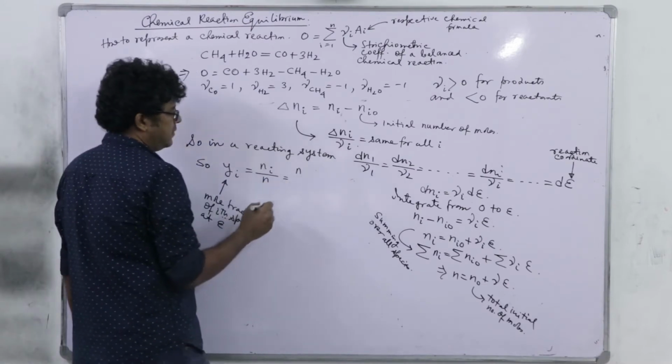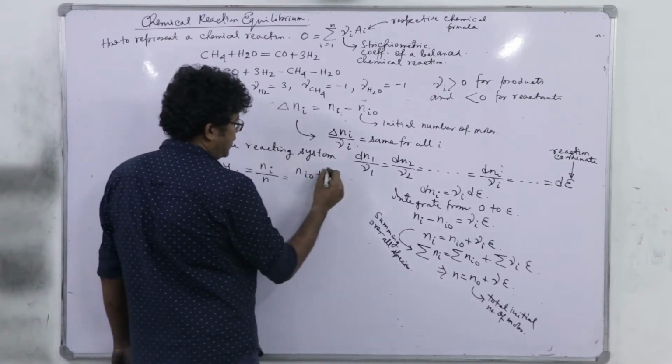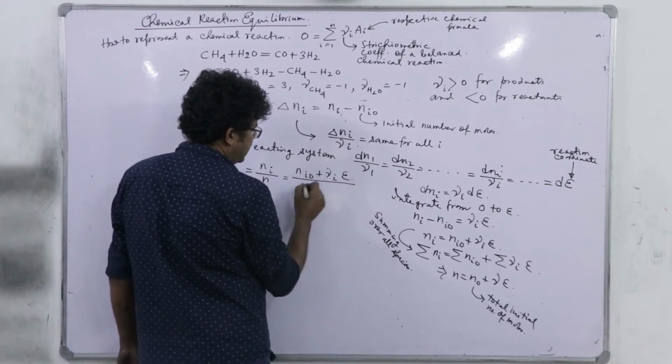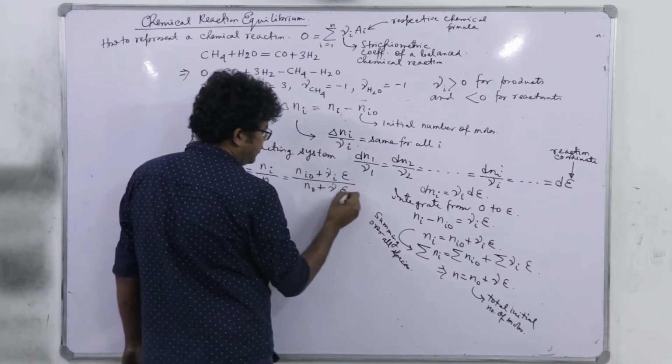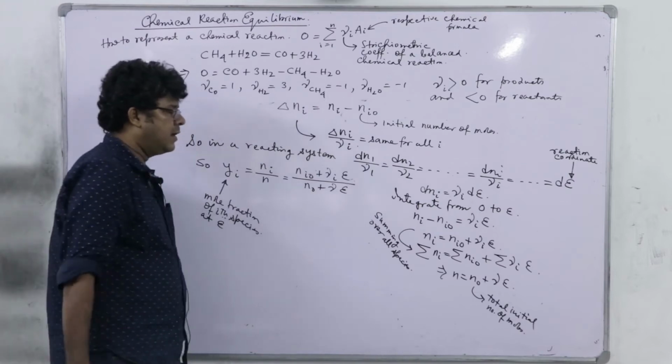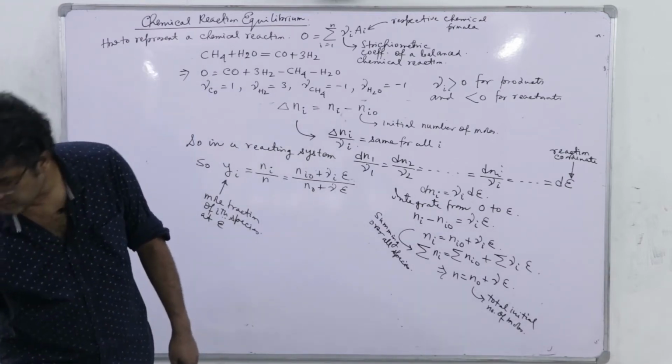So, this is equal to ni0 plus nu i into epsilon divided by n0 plus nu into epsilon, where nu is the sum of all the stoichiometric coefficients.